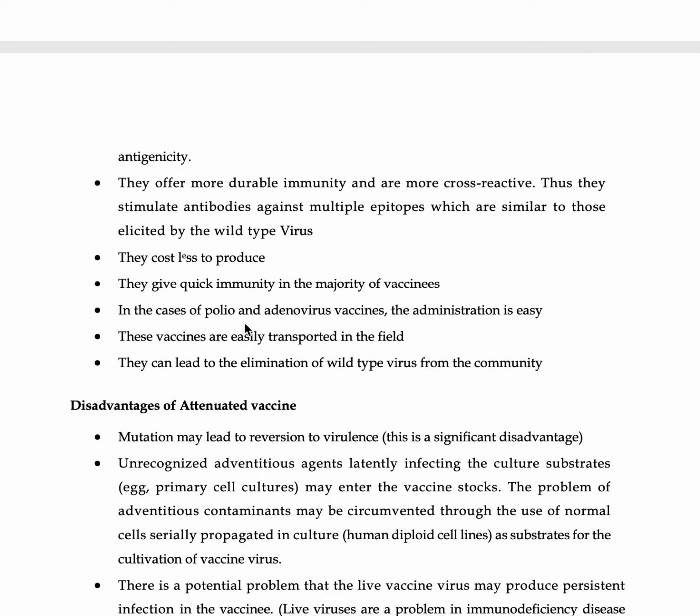In the case of polio and adenovirus vaccines, administration is easy because we can give them orally. These vaccines are easily transported in the field and they can lead to elimination of wild type virus from the community, because if we give the vaccine to all the people, eventually the wild type virus will be eliminated.